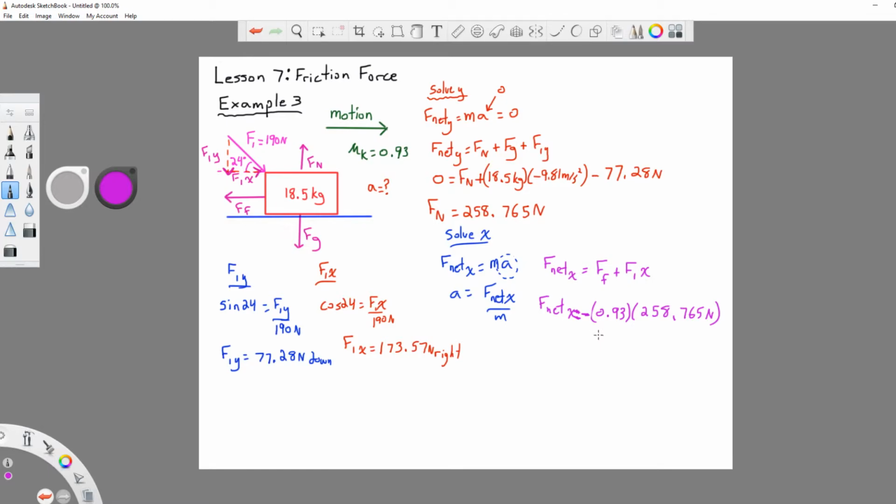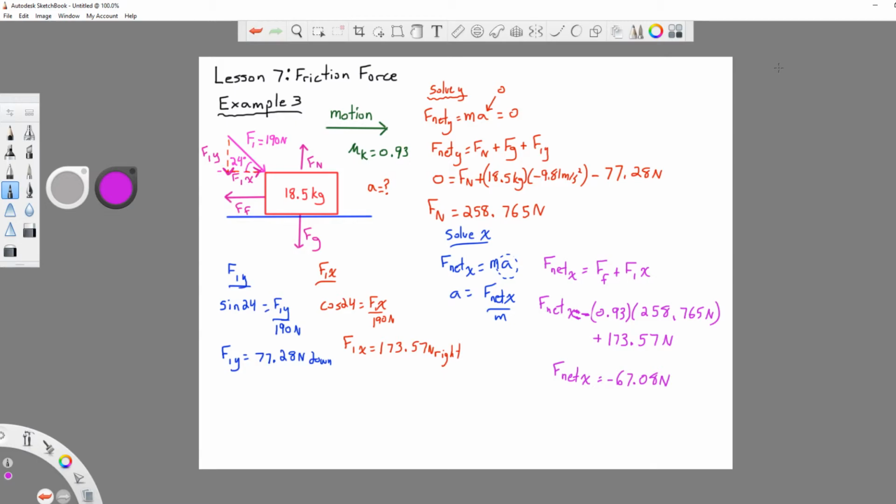And then we are going to add to this F1x value, which is to the right, which is 173.57 newtons. Okay. And what we end up getting is an F net x value equal to negative 67.08 newtons.